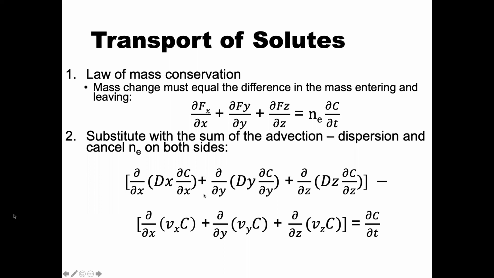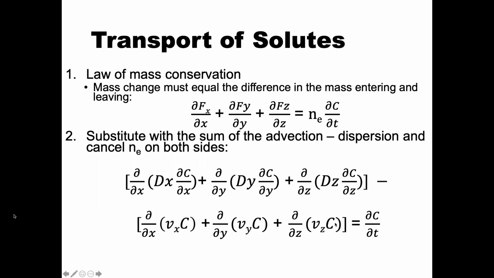And we end up with an equation similar to what we have seen before, but in this instance, we have our dispersion processes that are happening at the top. And these are actually incorporating both dispersion and diffusion on the top.